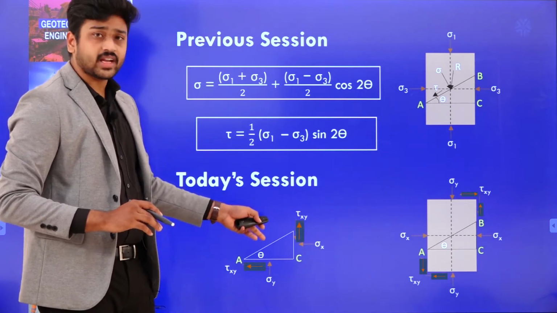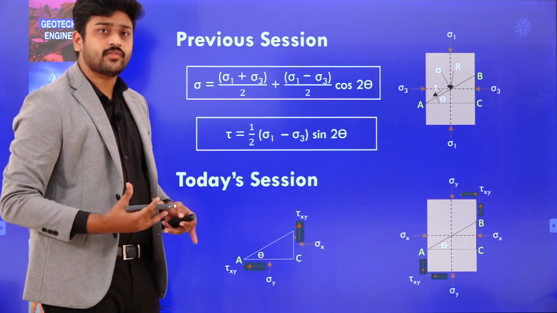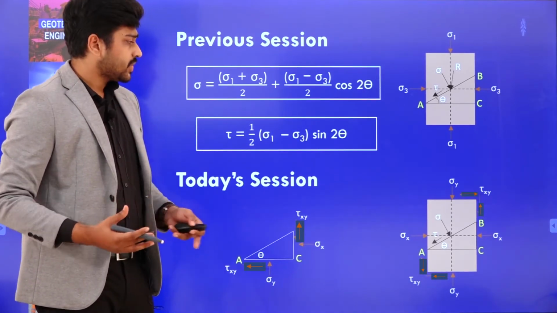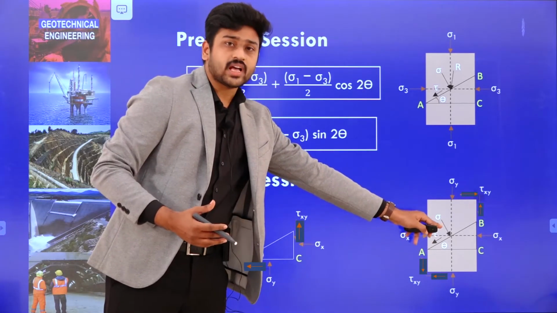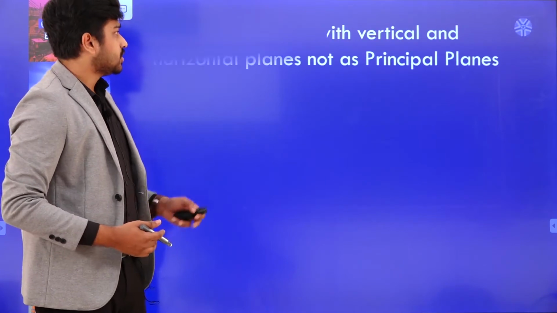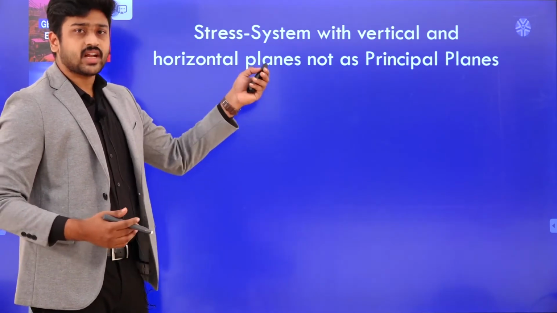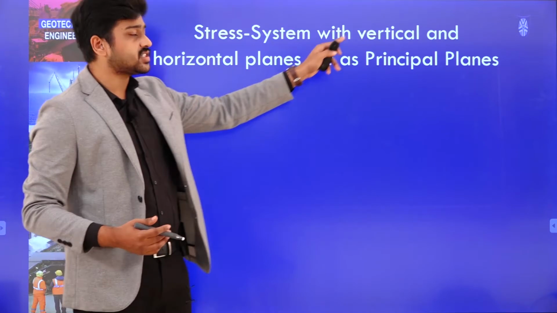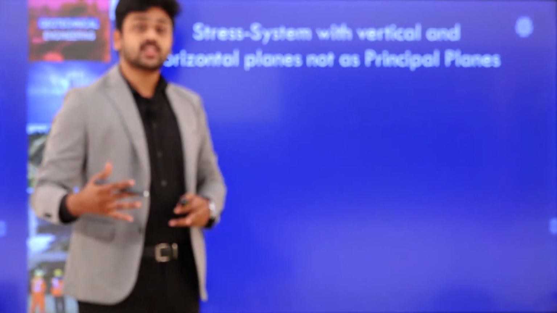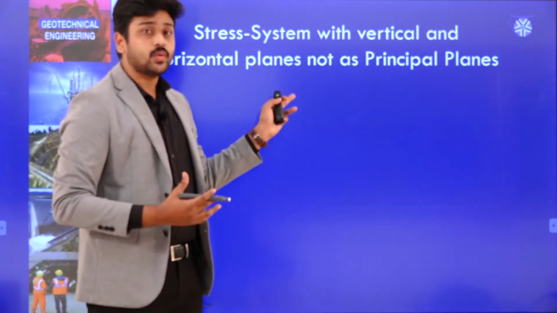A detailed diagram in wedge form for resolving forces, just like the previous case, will be considered, and similarly we have to find tau as well as sigma for this case. Coming to today's lecture, you can see the title: the stress system with vertical and horizontal planes not as principal planes. In the previous session these were principal planes, but now they are not.